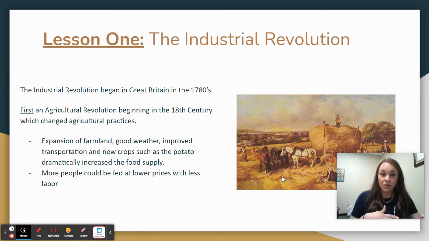And first, in the early part of the 1700s, they had an agricultural revolution. So they had started to figure out some new and innovative ways to deal with agricultural production.